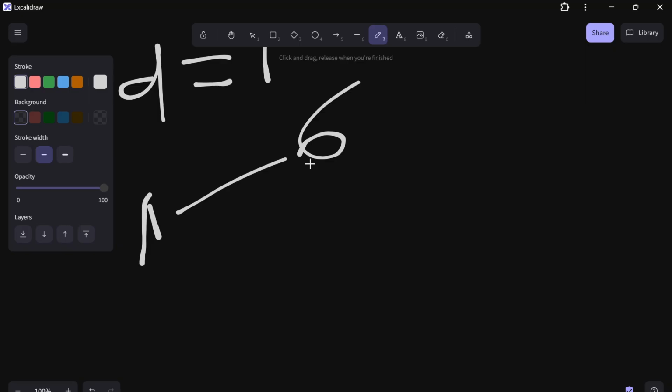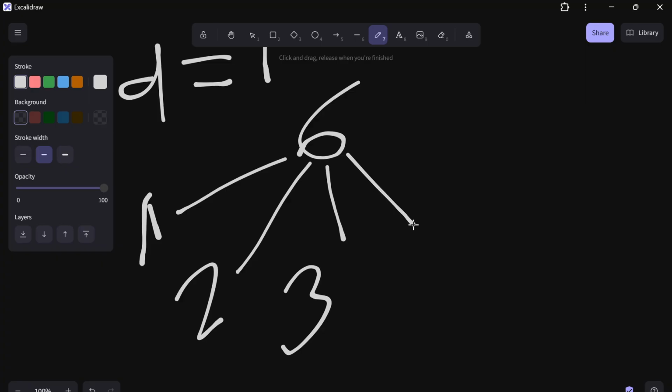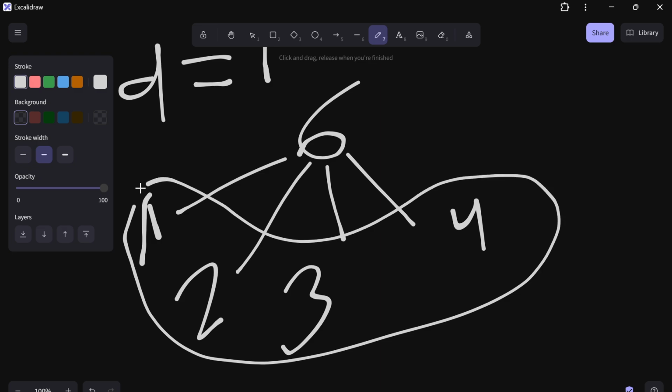Now it also has the divisors 2, 3, and 6. So can you check that it has 4 divisors? 6 is divided by 6 and 3 and 2 and 1. All 4 divisors divide the number 6. So it has the 4 divisors.